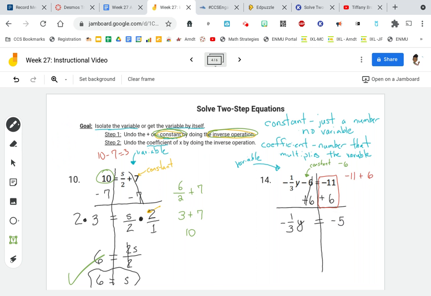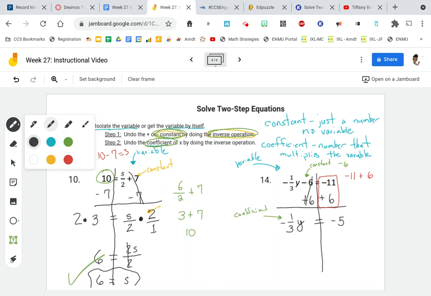Okay, so now we still have to look for the coefficient. And remember, the coefficient multiplies the variable. Our coefficient right now is a negative 1/3. So the y is not by itself because it's being multiplied by negative 1/3.